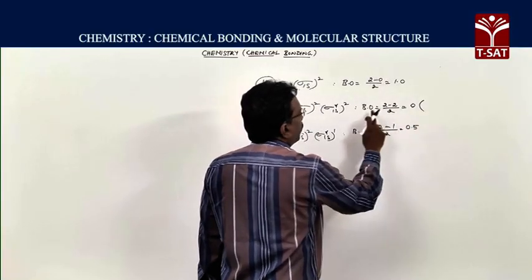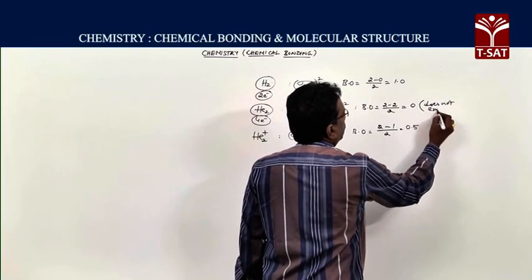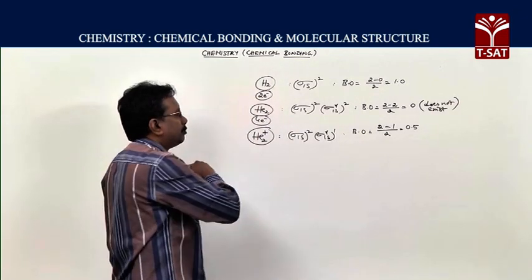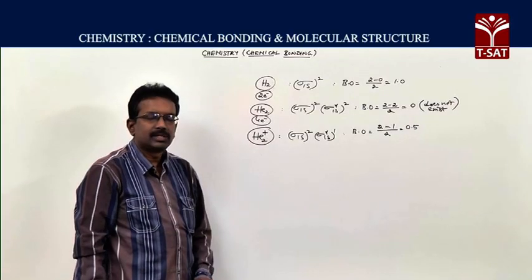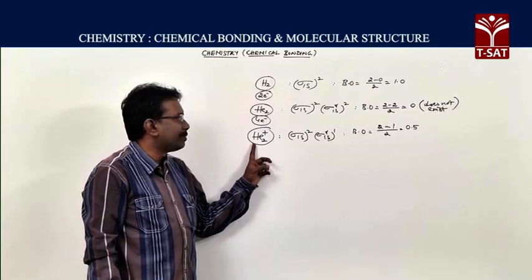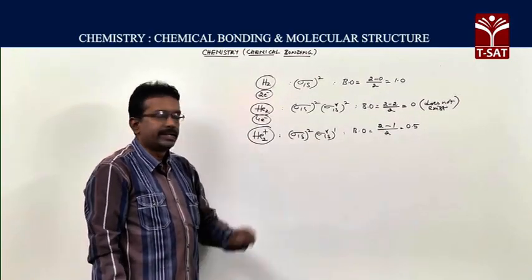That means this bond order 0 indicates that helium-2 does not exist, whereas we have molecular ions like He2 plus ion also. So, this is one advantage in molecular orbital theory, for predicting the existence of molecular ions.